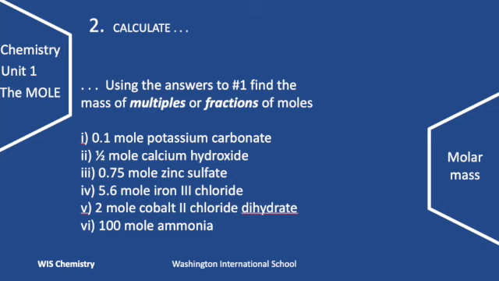And then once you've done that, once you've found the molar mass, what's the mass of a 1/10 of a mole of potassium carbonate? You've just worked out 1 mole. For part 6, you've worked out the molar mass of ammonium, and what's 100 moles.